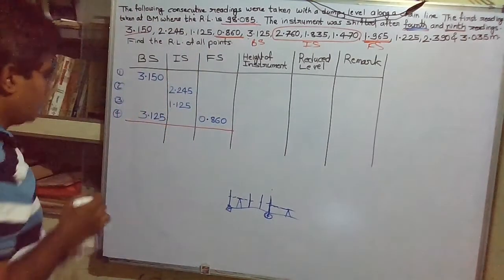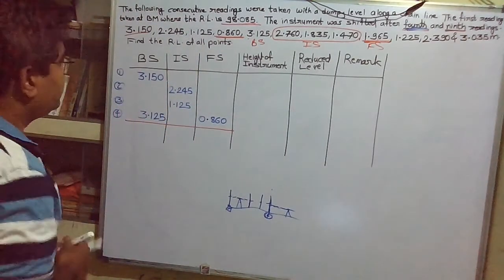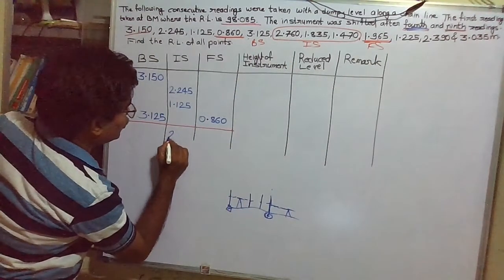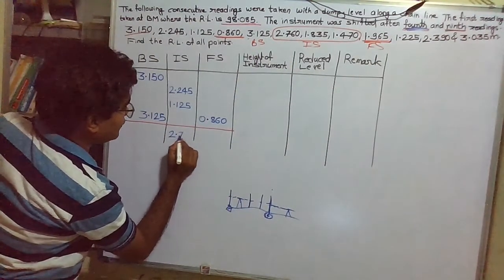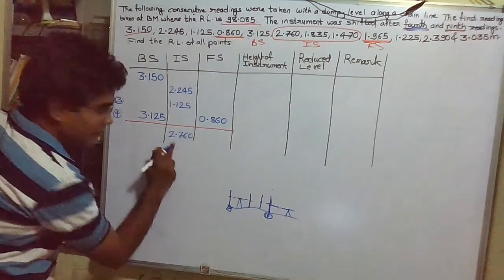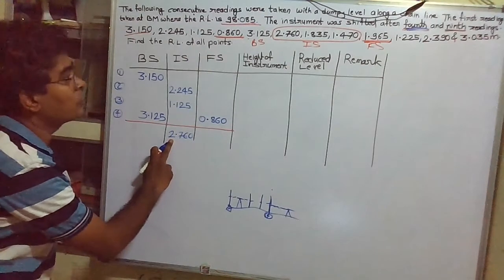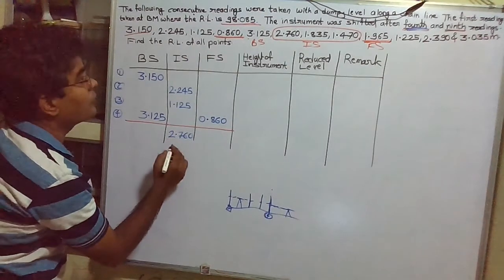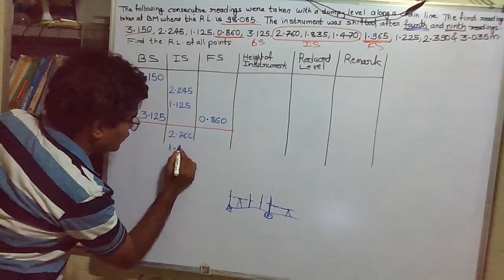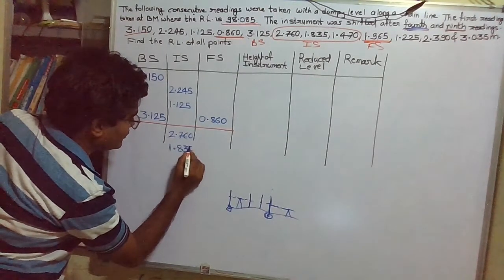So let us write. After 3.125, the next reading is 2.760. Always write it in a separate row. The next reading is 1.835.